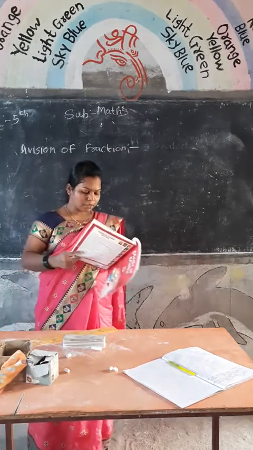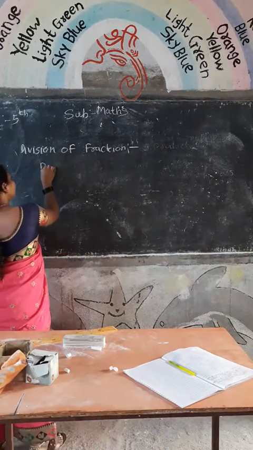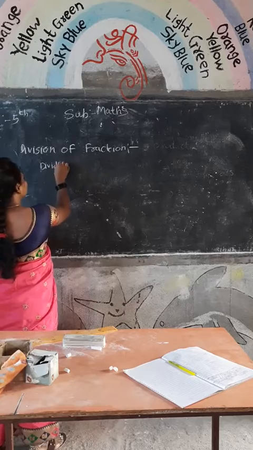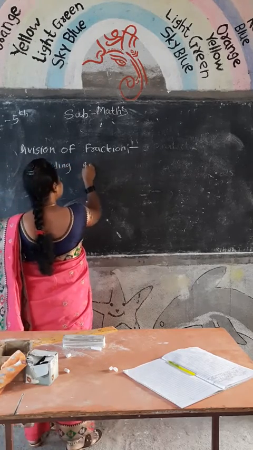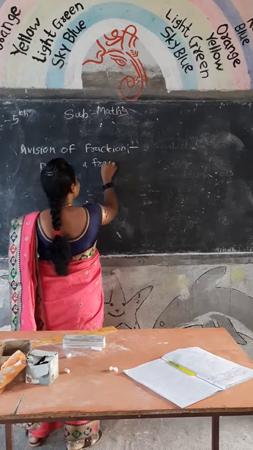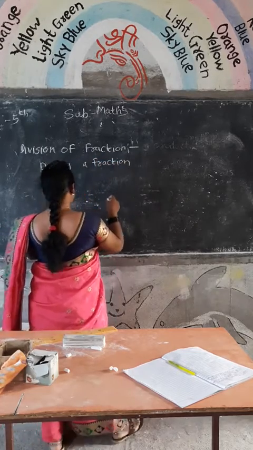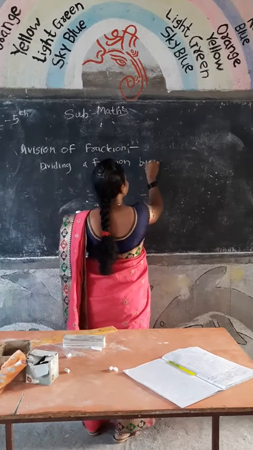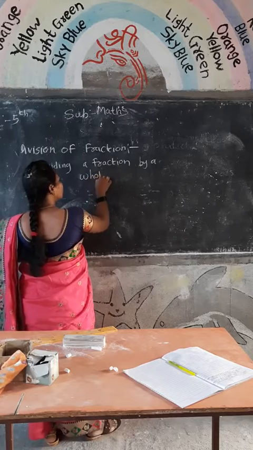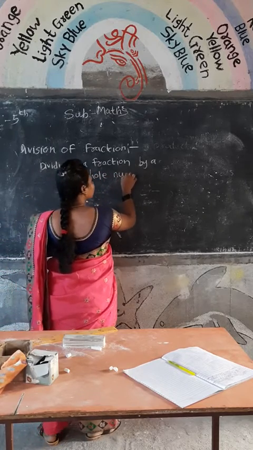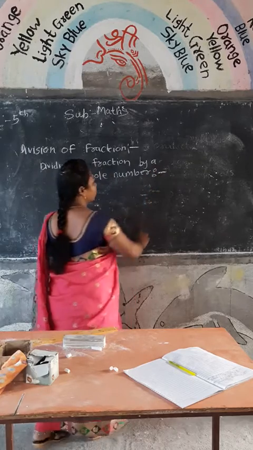First one is dividing a fraction by a whole number.